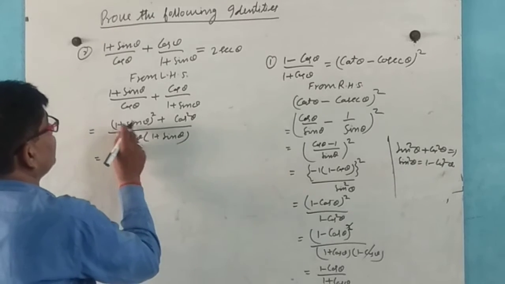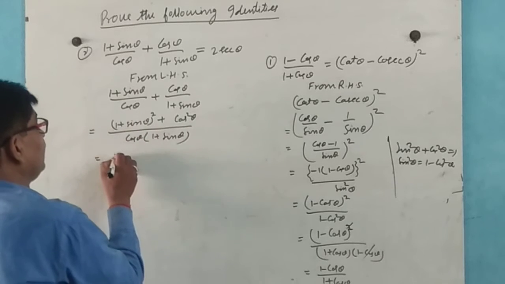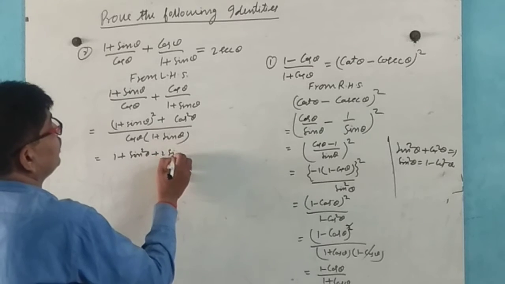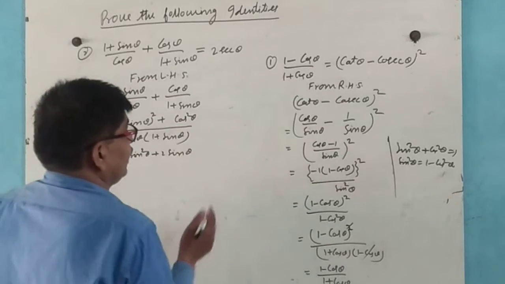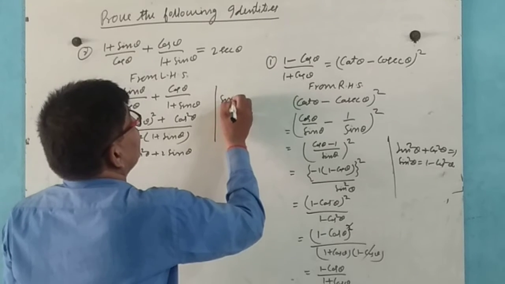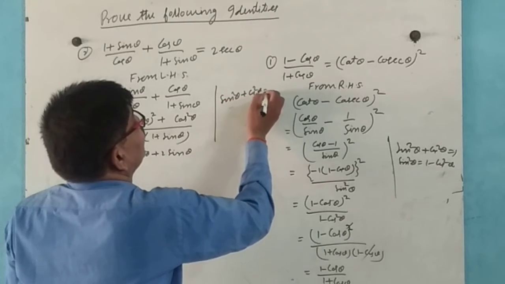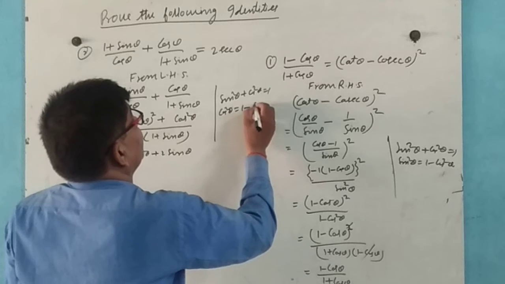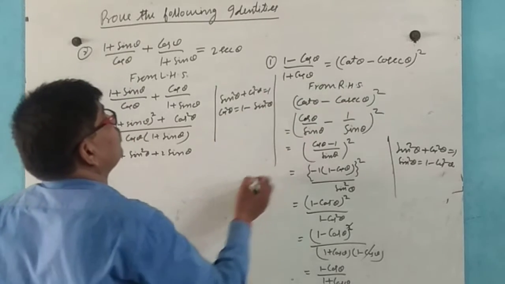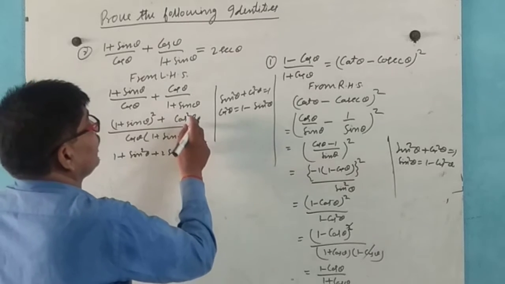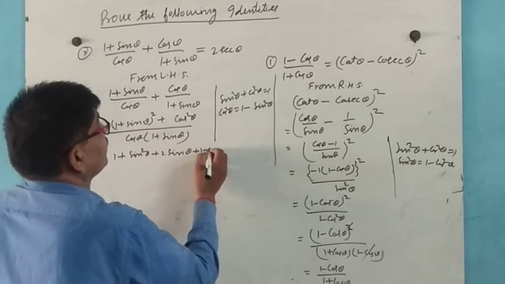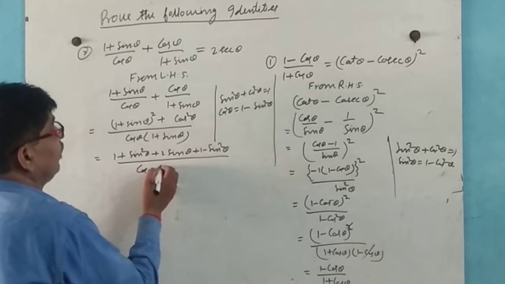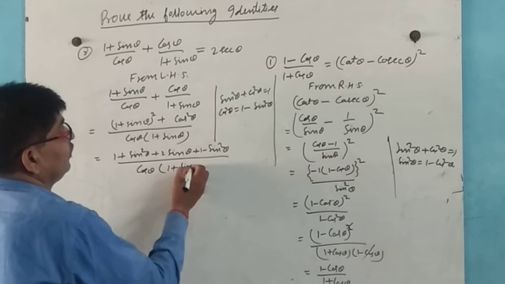Now this is (a plus b) whole square, a square plus b square plus 2ab, giving 1 plus sin square theta plus 2 sin theta, and cos square theta is replaced using sin square theta plus cos square theta equal to 1. Cos square theta is replaced by 1 minus sin square theta. Here this can be written as (1 minus sin square theta) divided by cos theta and (1 plus sin theta).